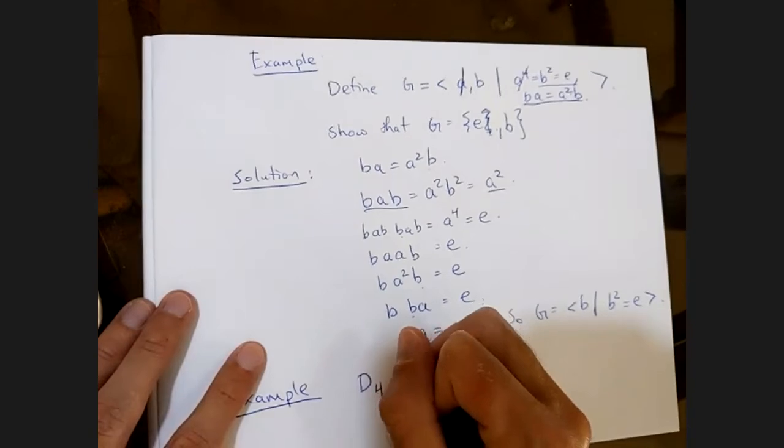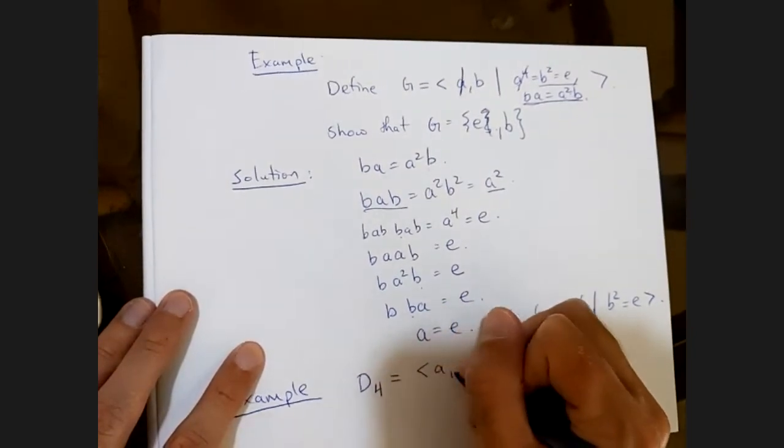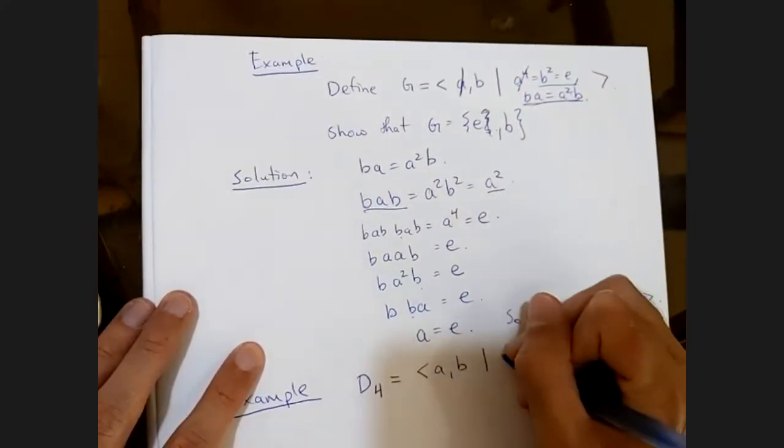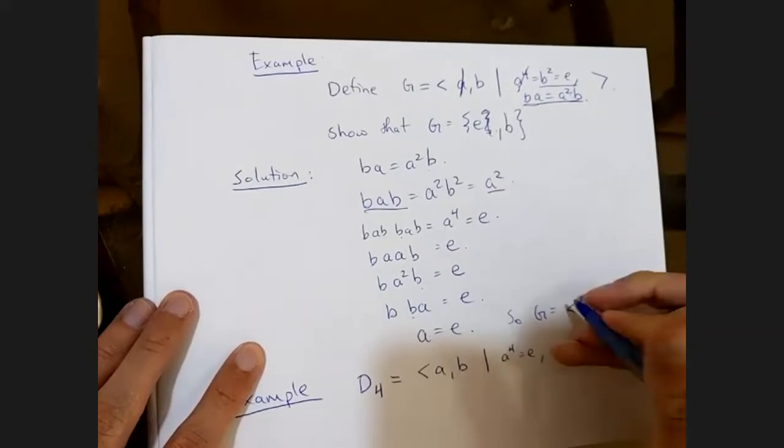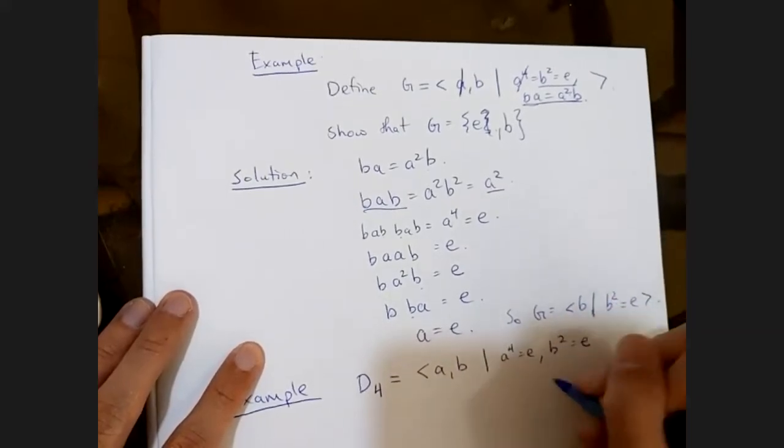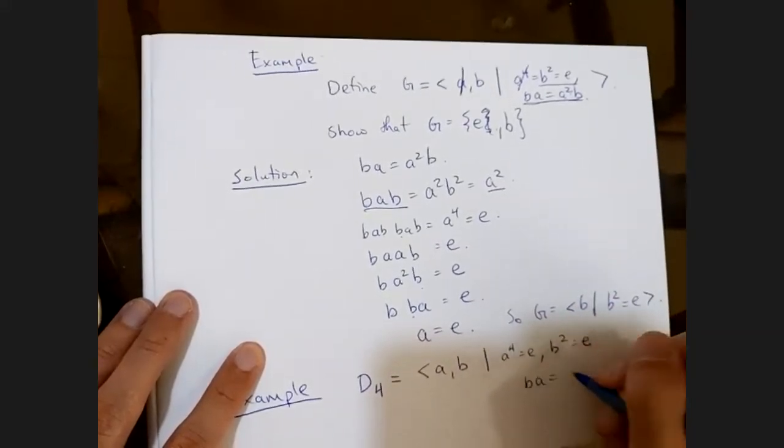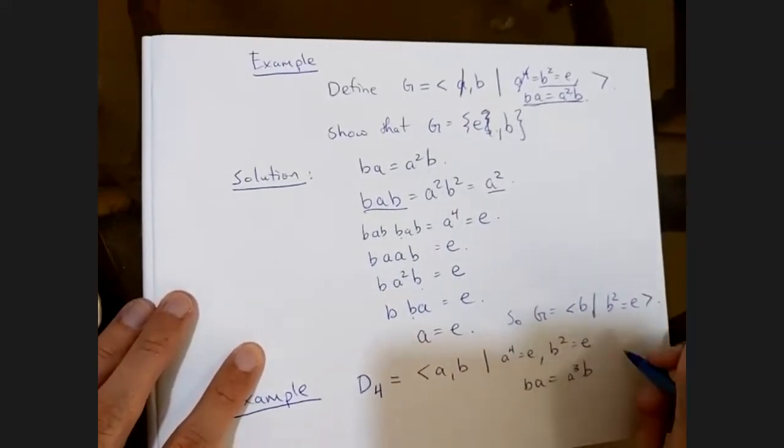We'll call this D4. This is going to be generated by A and B. A to the fourth is the identity, B squared is the identity, and BA is A cubed B.